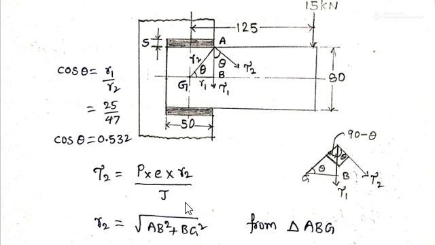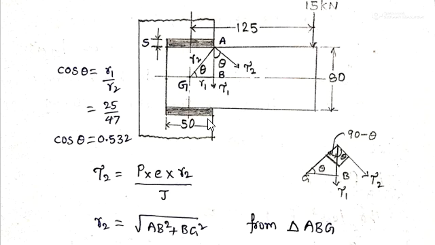First of all, to find R2, observe this triangle A, B, G, where this becomes the hypotenuse. We can write R2 equals the square root of AB square plus BG square. AB is nothing but 40, because from here to here it is 80 given, so AB is half of this, that is 40.